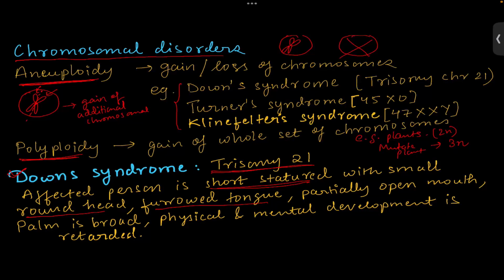They cannot keep their mouth closed at all times, and they often show defects in physical and mental development. So this is about Down syndrome, where the affected person has three copies of the 21 chromosome, also called trisomy of the 21 chromosome.